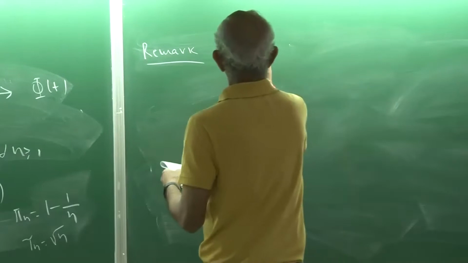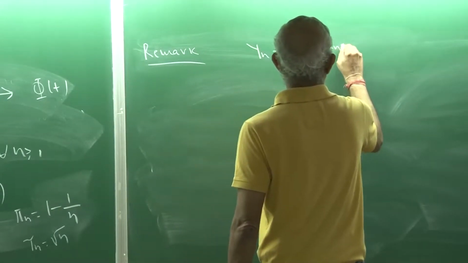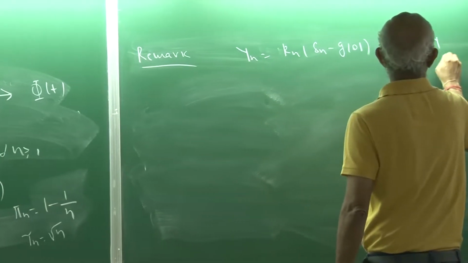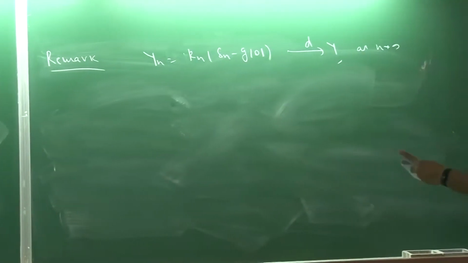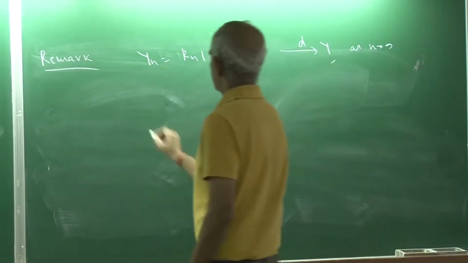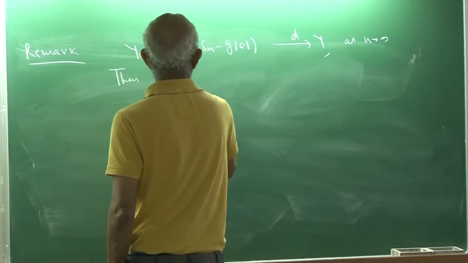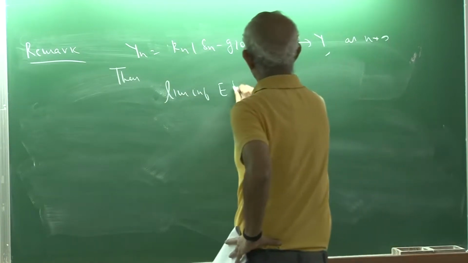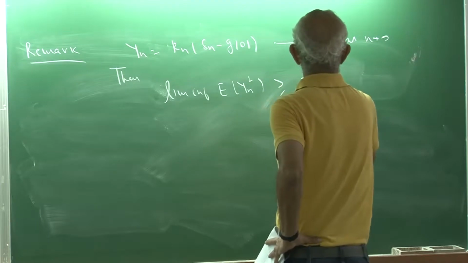Suppose Yn is kn times delta n minus g theta, which goes in distribution to Y as n goes to infinity. Then limit infimum of expected value of Yn square would always be greater than or equal to expected value of Y square.